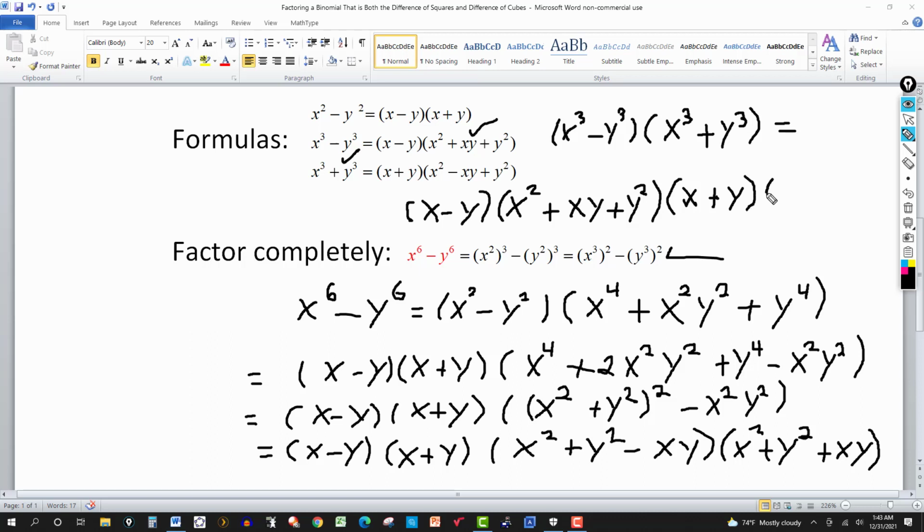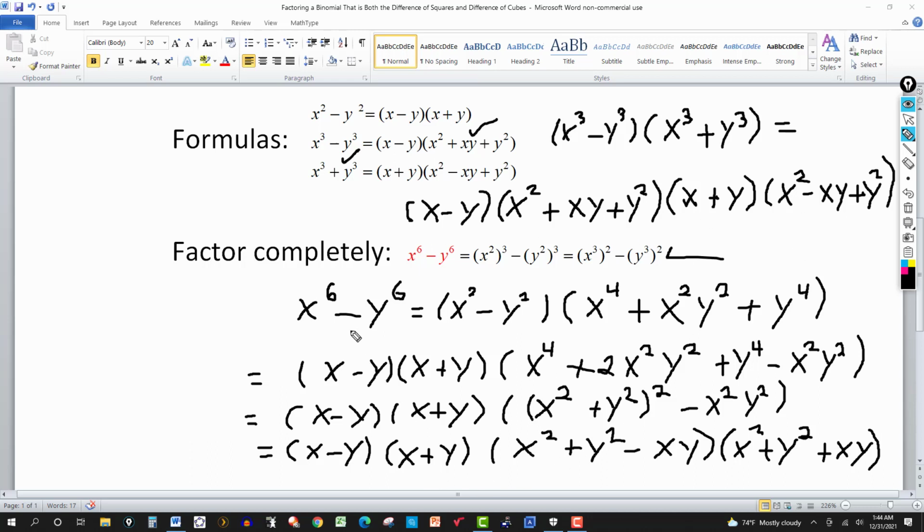And then the second factor will be the square of the first term plus, or I should say minus the product of the two terms, that's x and y, plus the square of the second term of that binomial. Square here. And we get the same answer as we got the other way.